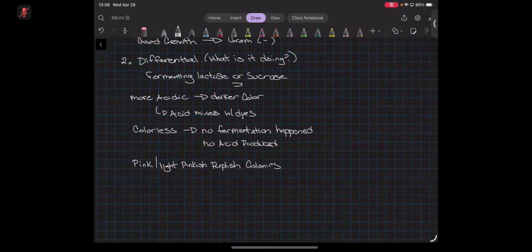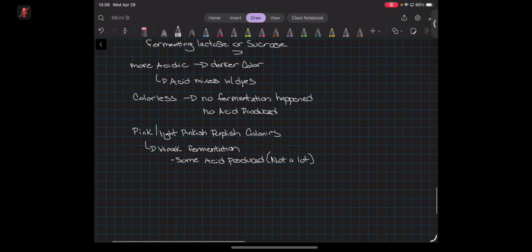So that means that some weak fermentation happened. So that means that there's some acid produced, not a whole lot. And these are called non-fecal coliforms.